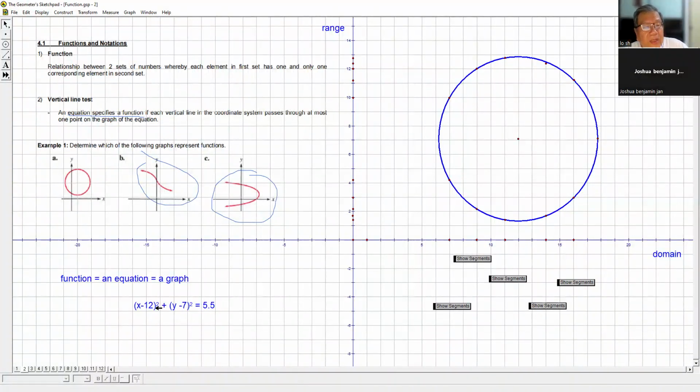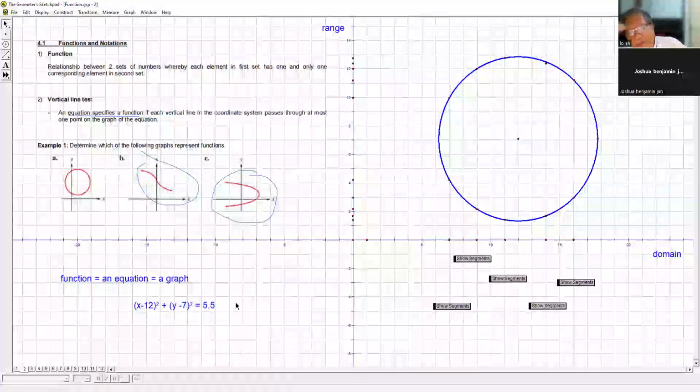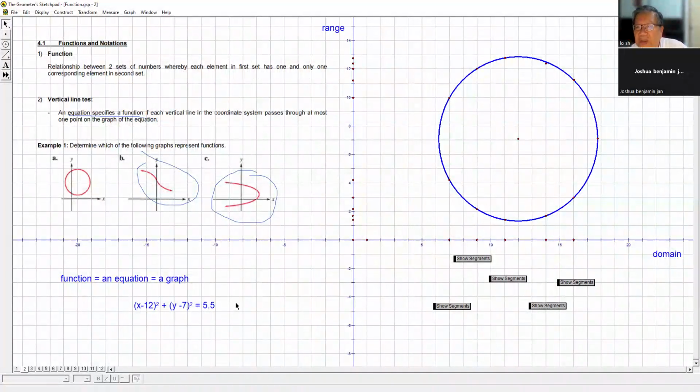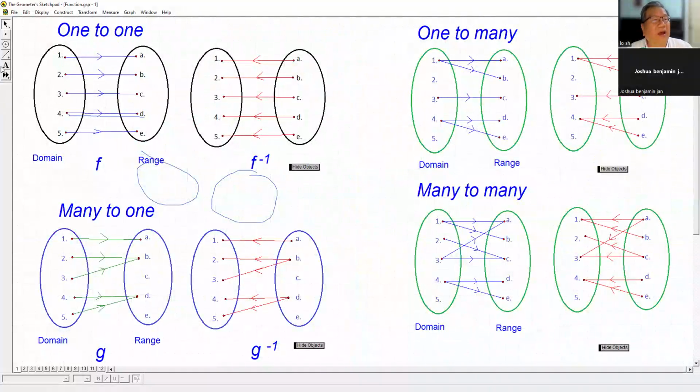Okay. So now I look at this equation as a function. I look at this equation as a relationship between two variables. The two variables, they are x and y. Now the x here represents the domain. The y here represents the range. One more time, look at it. So, okay, I clear away this first, then I explain.